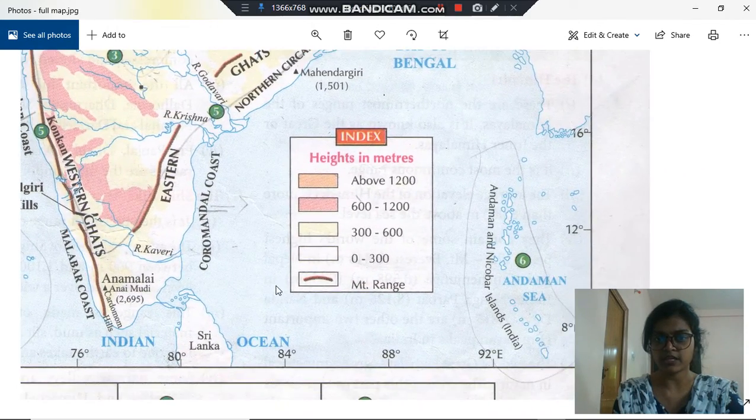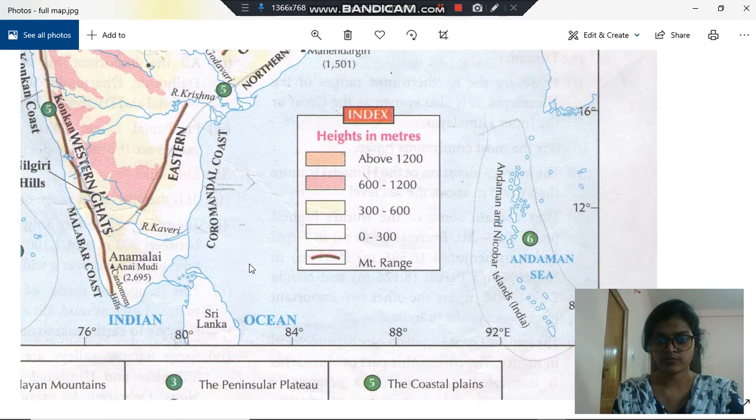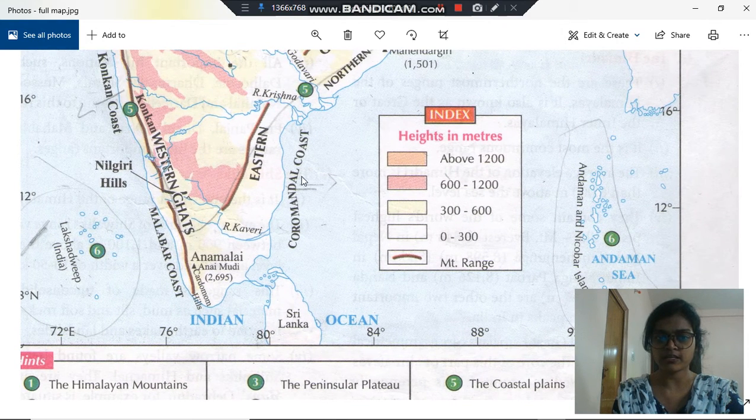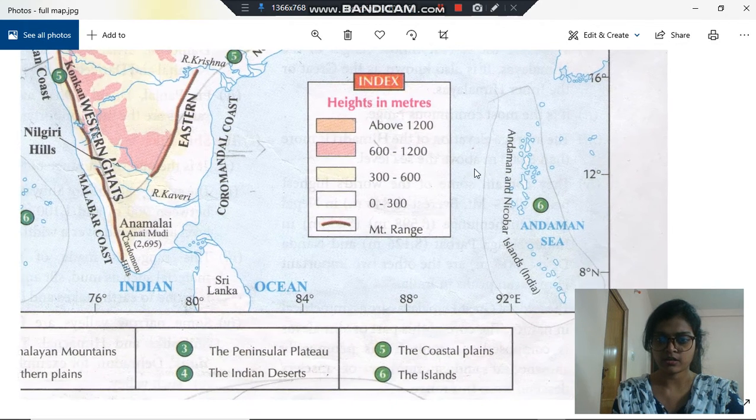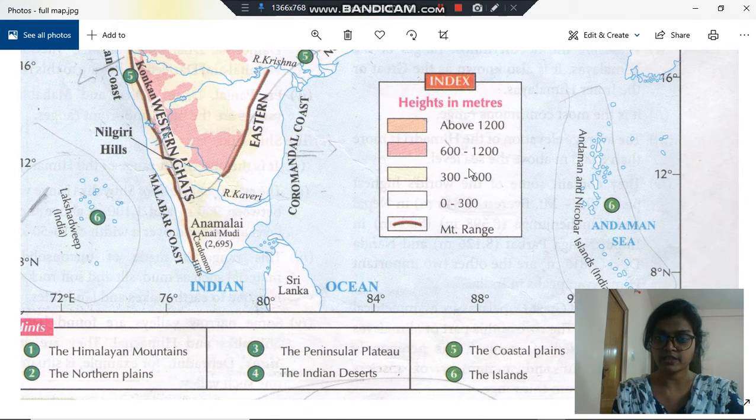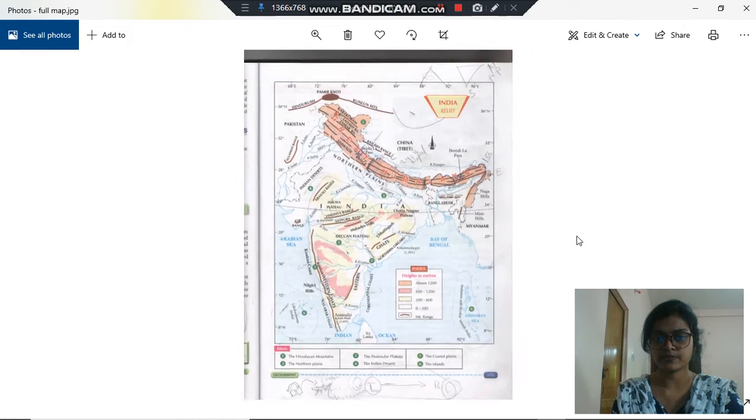So Andaman and Nicobar Islands have many groups of islands in it, and it is bigger than Lakshadweep Island. These are the Andaman and Nicobar Islands.